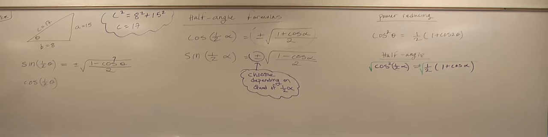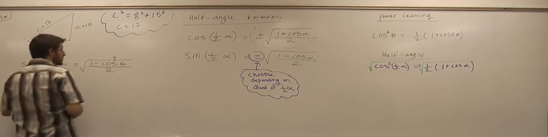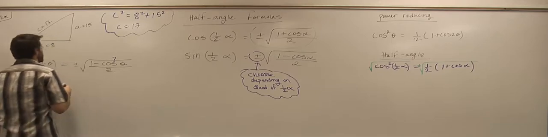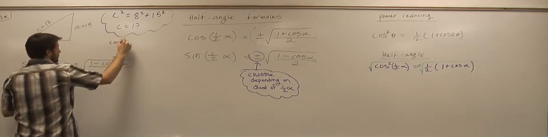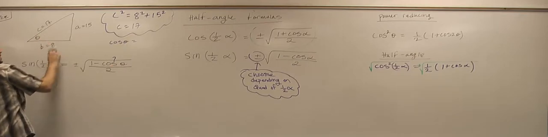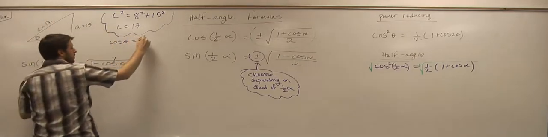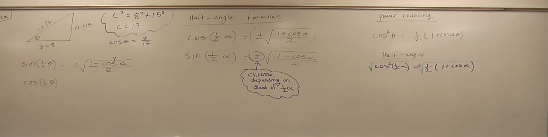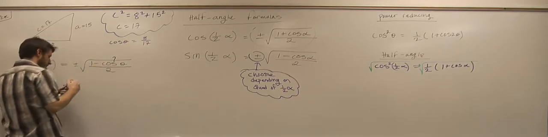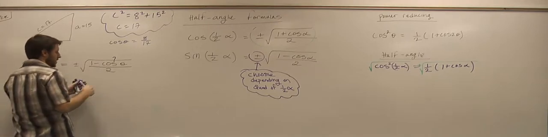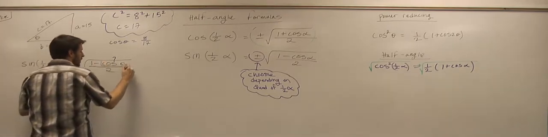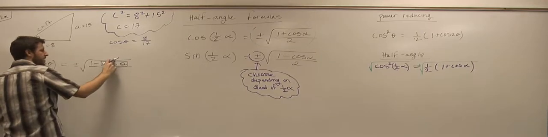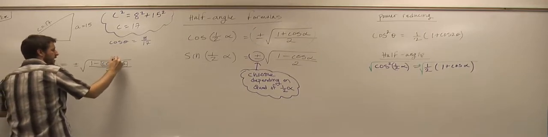Which means cosine of theta is equal to adjacent over hypotenuse, 8 over 17. So that's what I plug in here for this entire cosine theta quantity. This whole thing is going to become 8 over 17.